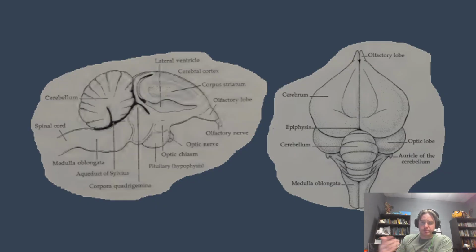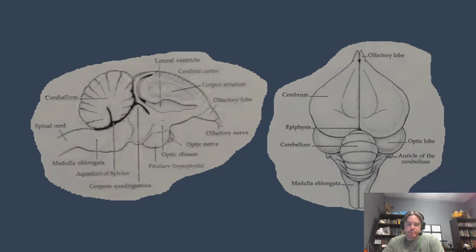And so olfaction, of course, is your sense of smell. So this is associated with integrating information from the nares related to smell that can be processed in the cerebrum. The cerebrum is the part of the brain that processes higher level information, and it creates voluntary action of the body.